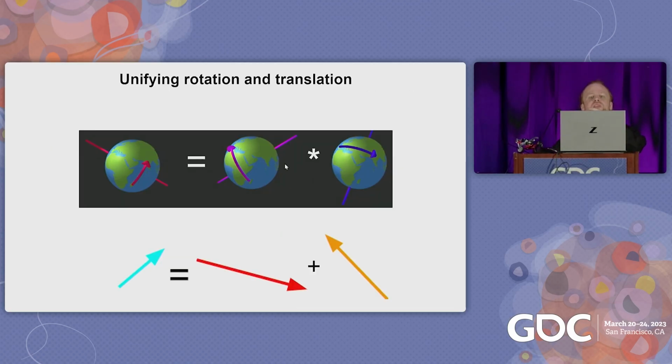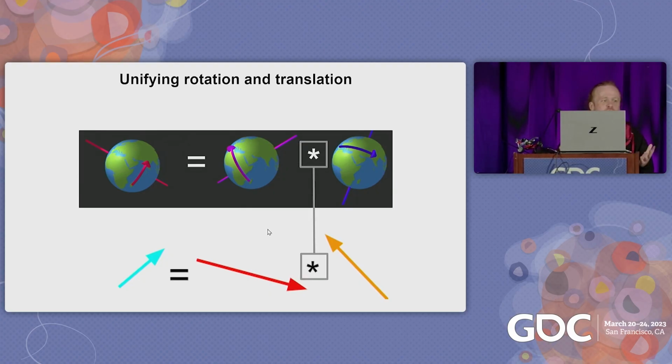Okay. Unifying rotation and translation. So quaternions do your rotations. You often probably think of vectors as doing your translations, so moving stuff around. But what if you want to think of these as the same kind of thing? You want to think of translating, but with the composition operator. Well, this composition operator is dual quaternion multiplication.